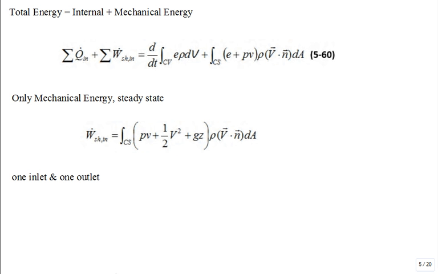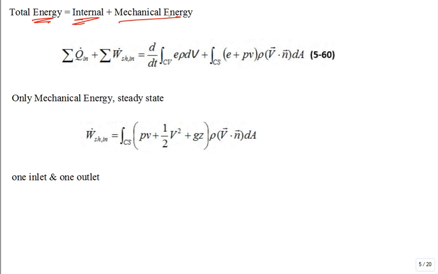now that we have mass and volumetric flow rate and mass flow rate, mass balance equation, let's move to the energy. We're going to talk about the total energy being conserved. But the total energy is made up of internal and mechanical forms of energy.